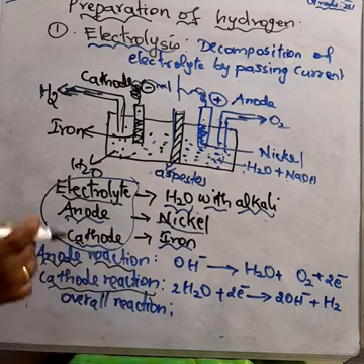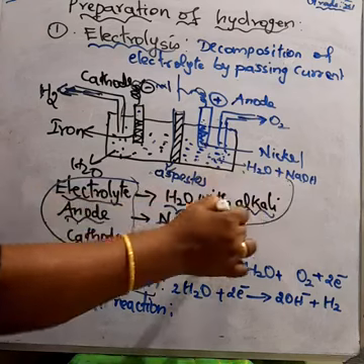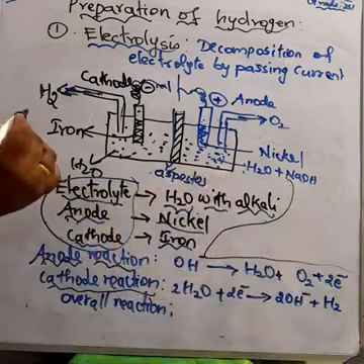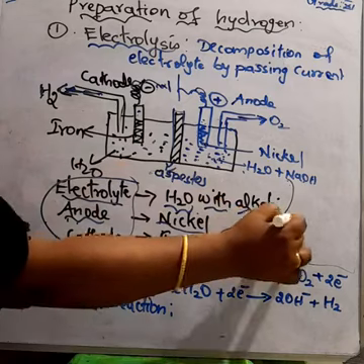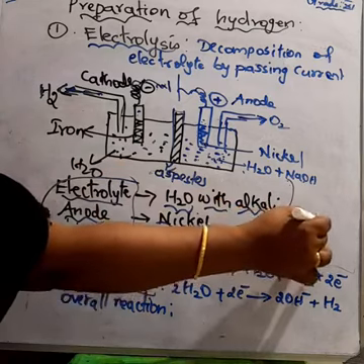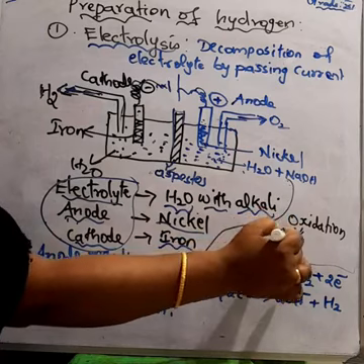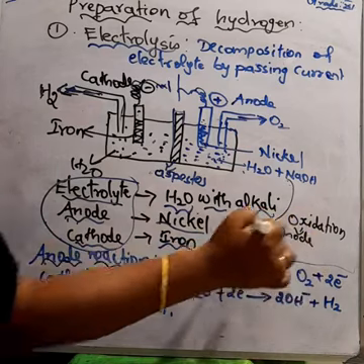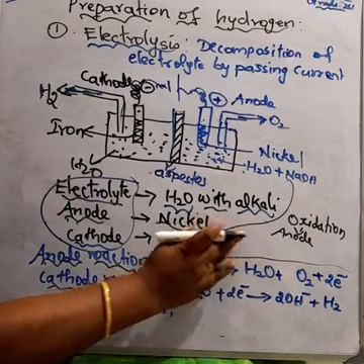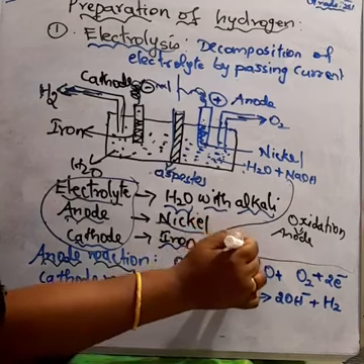The two reactions are oxidation and reduction. The anode undergoes oxidation and the cathode undergoes reduction. Oxidation means loss of electrons, reduction means gain of electrons.